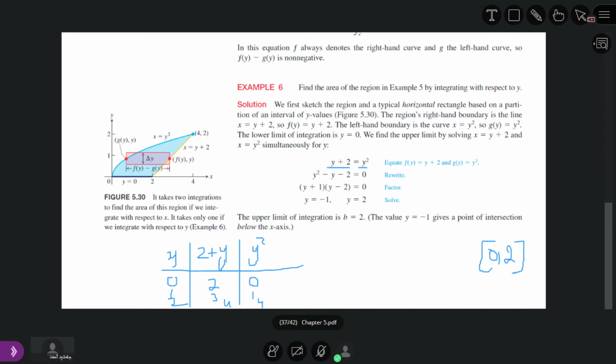This table shows that 2 plus y is f, because 2 plus y has greater values compared to y square. So we take f of y equal to 2 plus y and g of y equal to y square.